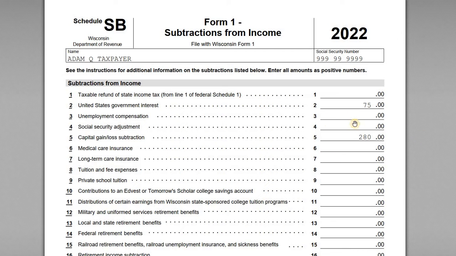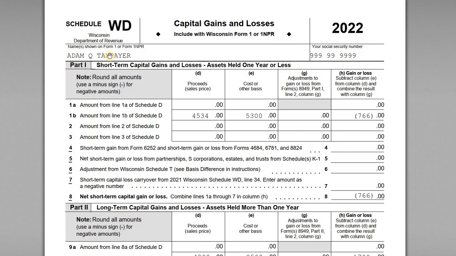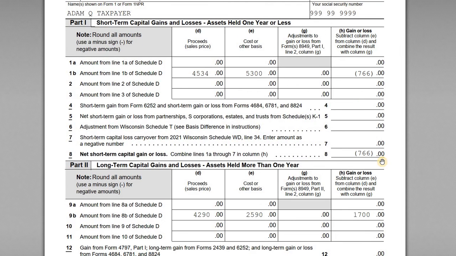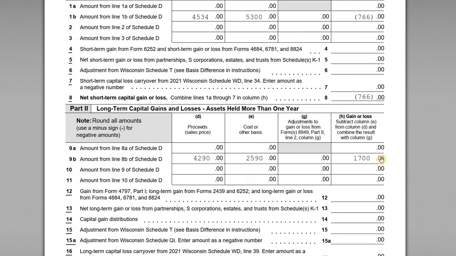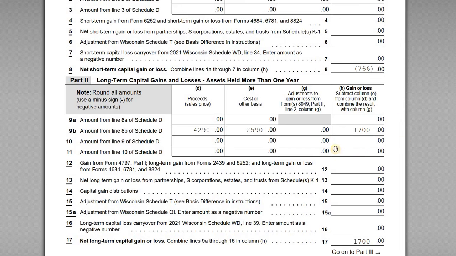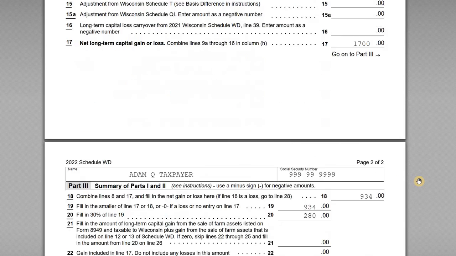Now, the capital gain loss subtraction is attributed to that long-term capital gain income. If we look at our Wisconsin Schedule WD for capital gains and losses, we can see these are consistent with what was reported on Schedule D for our 1040. We have $766 in net losses for short-term and $1,700 in long-term gains.